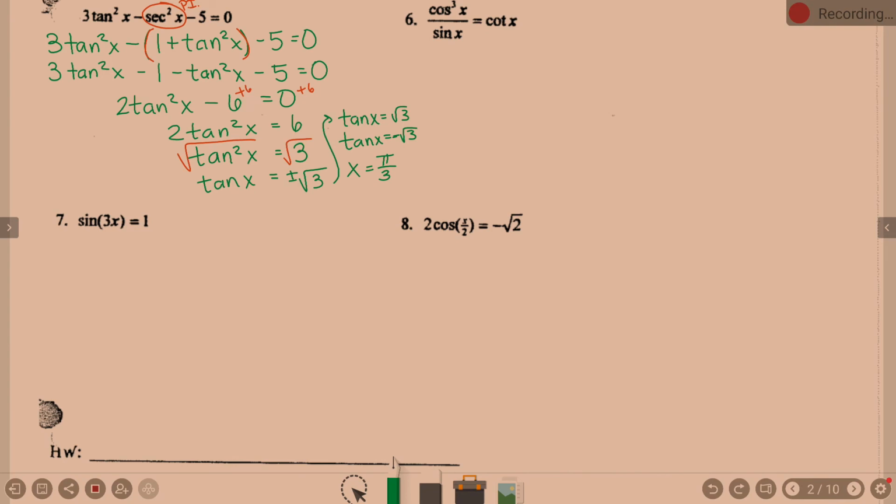Now, are you guys realizing how many answers we're going to have here? Can you process 4 answers? Because what happens? There are 2 quadrants where tangent is positive, right? And then what about the other 2 quadrants? Tangent is negative.